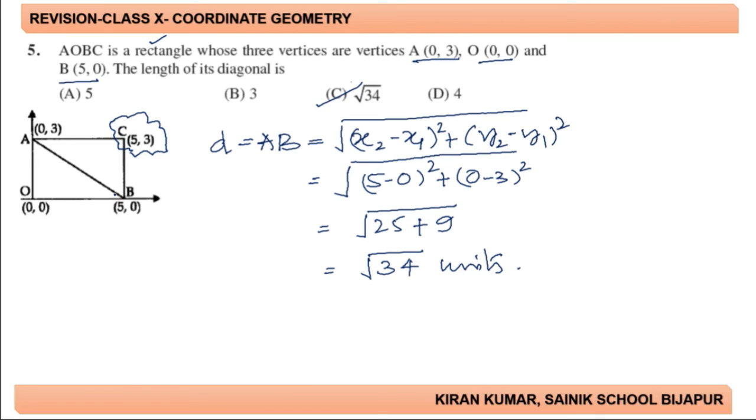Since AC will be parallel to OB and equal to OB, the length of AC will be the same as the length of OB, so I obtained the vertex C as (5, 3), because the perpendicular distance of point A from the x-axis is 3 units, so is the vertex C. Its perpendicular distance from the x-axis is 3 units, that becomes the y coordinate. That is how x and y coordinates are found.